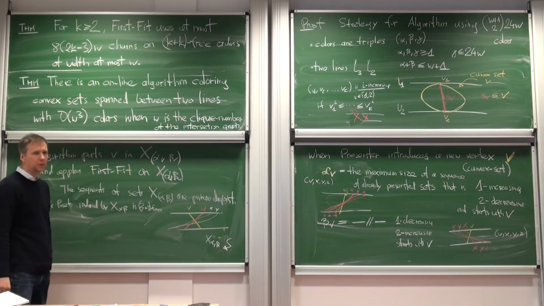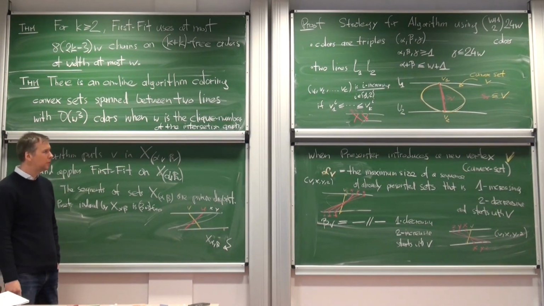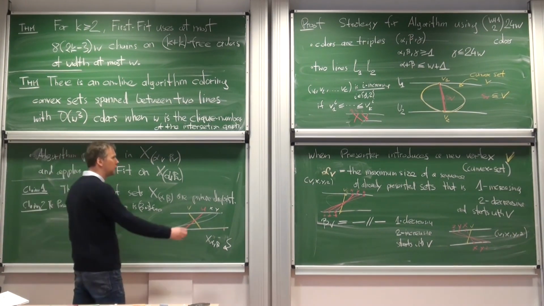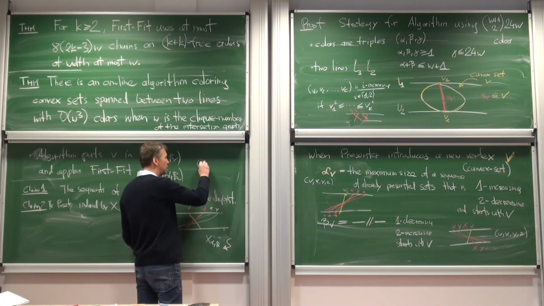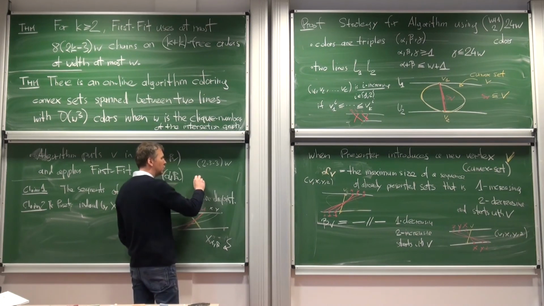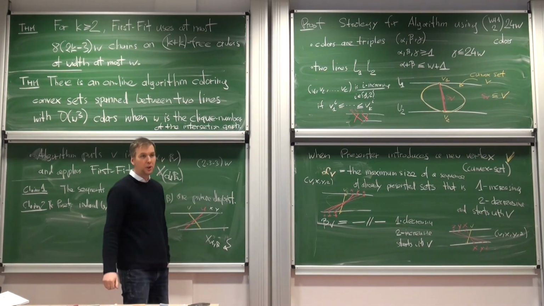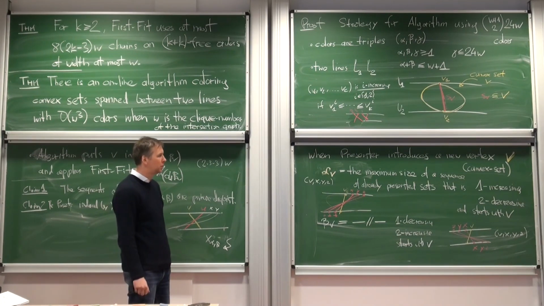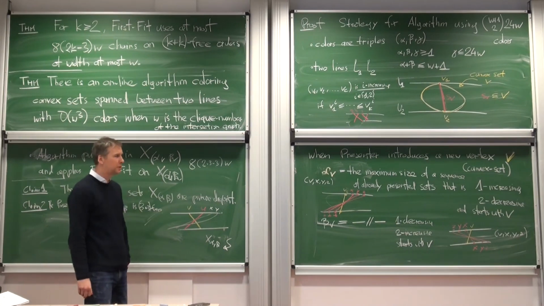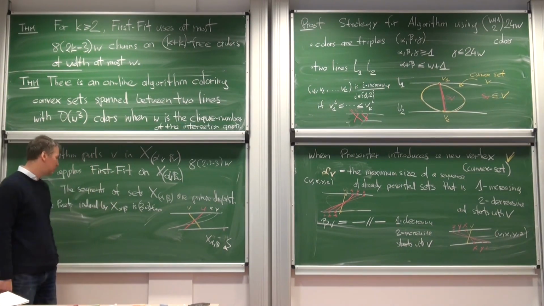And this will complete the proof because then first fit is efficient, and first fit uses the number of colors, which is 2 times 3 minus 3 times W. So it's 6 minus 3. It's 3. 3W and times 8. Times 8, that's the number that Pursuit uses in Greek. So it's 24.